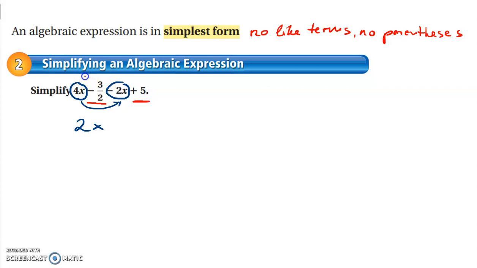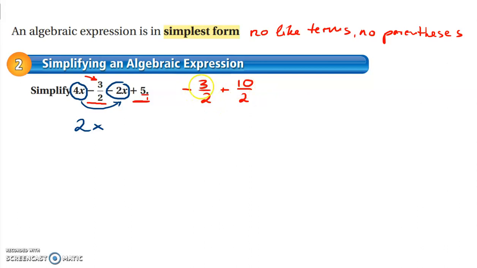Usually, however they give you the problem, if they give it to you with a fraction, give your answer as a fraction. So we're going to do negative 3 over 2 plus, and we're going to change 5 to a fraction. Remember, I can write 5 as 5 over 1. Multiply both top and bottom by 2. Make it 10 over 2.